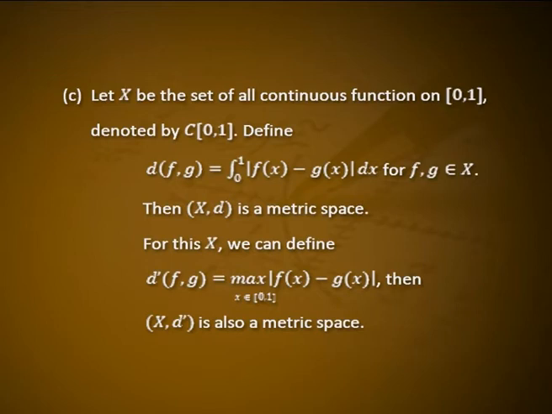Define d of f, g equal to the integral from 0 to 1 of the modulus of f of x minus g of x dx, for f, g belonging to X. Then the pair (X, d) is a metric space. For this X, we can define d dash of f, g equal to the maximum of the modulus of f of x minus g of x, where x belongs to the closed interval [0, 1]. Then X together with d dash is also a metric space.